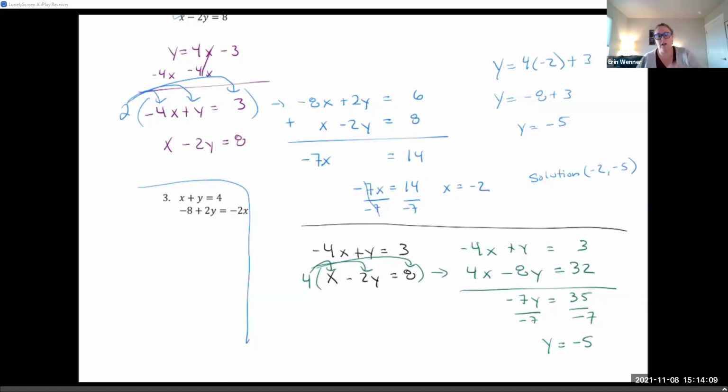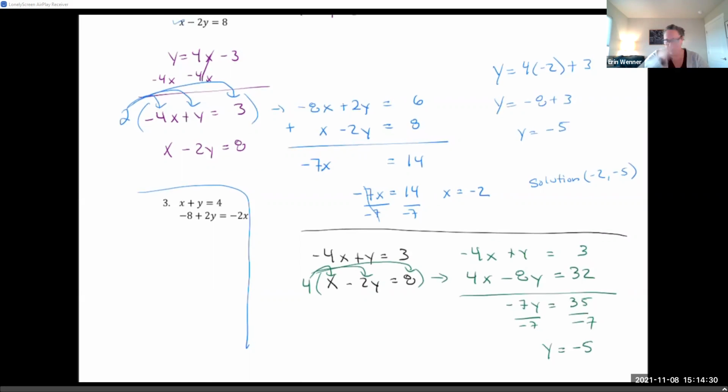We still would have gotten the same answer. It doesn't matter which variable you decide to eliminate first. You're always going to get to the same answer because it is the point where those two lines intersect. So if we had done that, again, it doesn't matter. We can then plug it in and we would have gotten x equals negative 2.